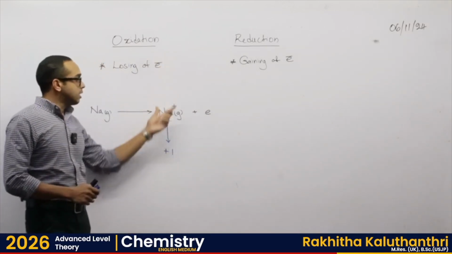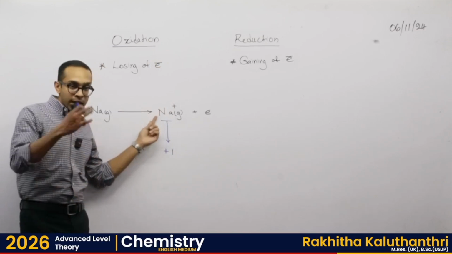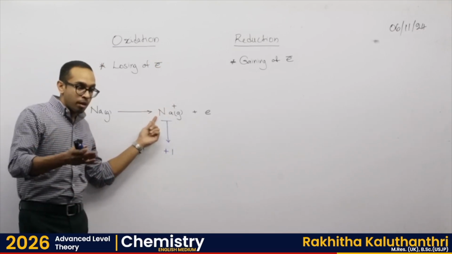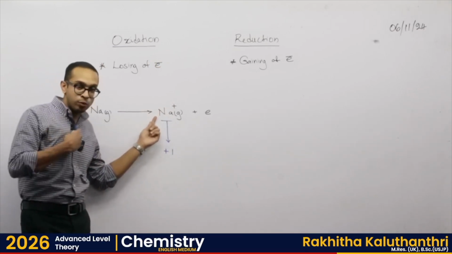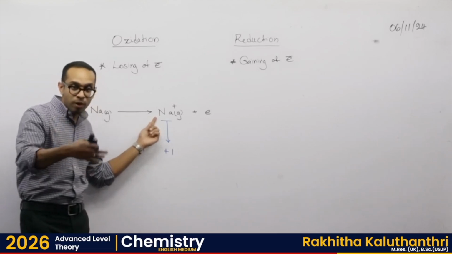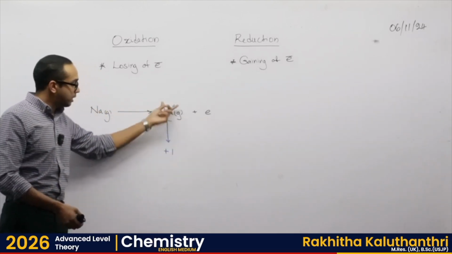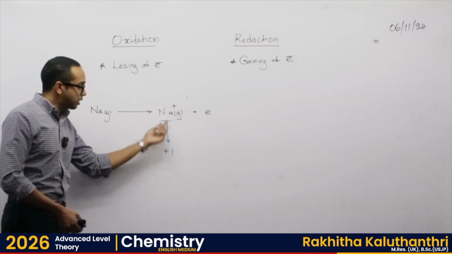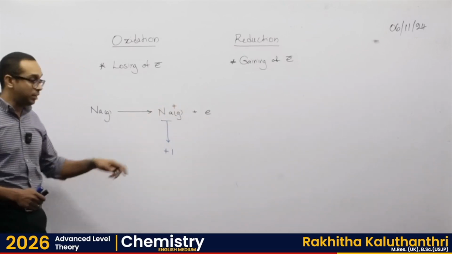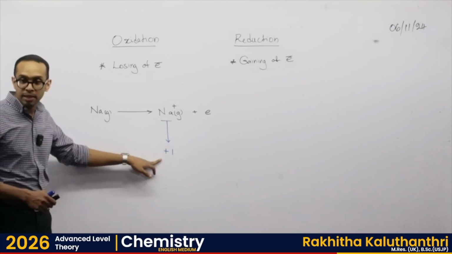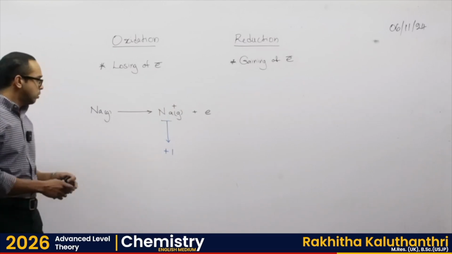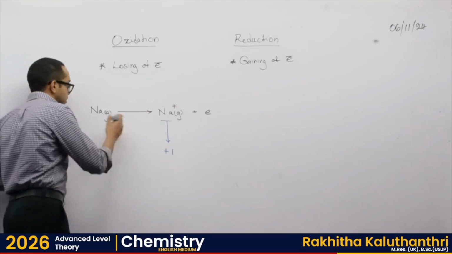Oxidation number means the charge a specific atom would have after gaining electrons or losing electrons, one of the two. Here in this case it has lost an electron and gained a +1 charge, so the oxidation number of this particular ion right now is +1. Is that clear?